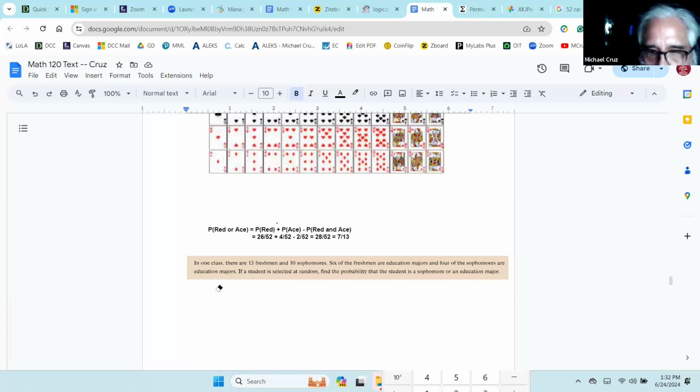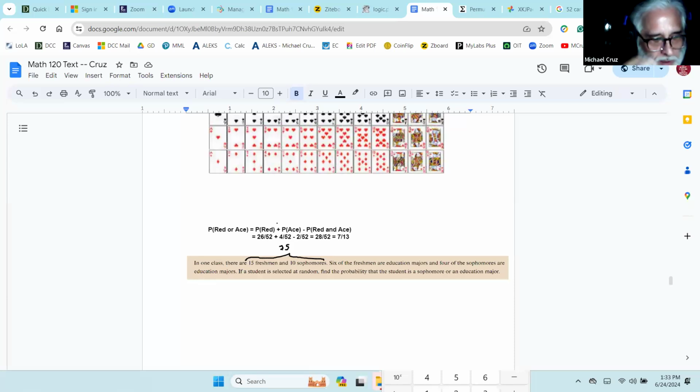In one class, there are 15 freshmen and 10 sophomores, so that's 25 total students. 6 of the freshmen are education majors, and 4 of the sophomores are education majors.